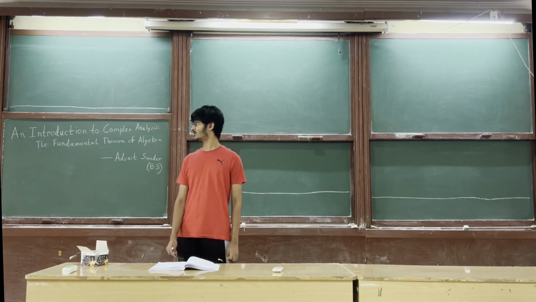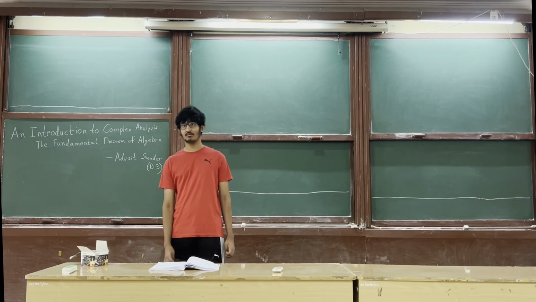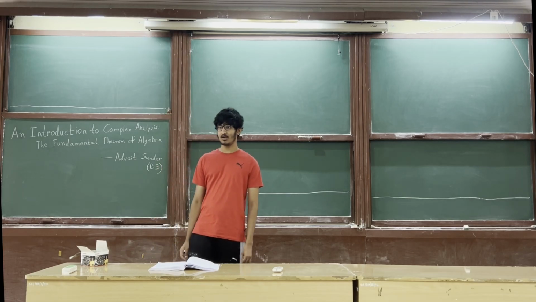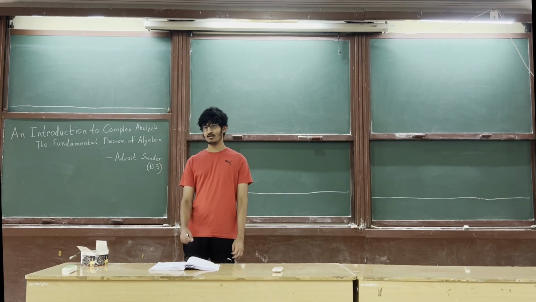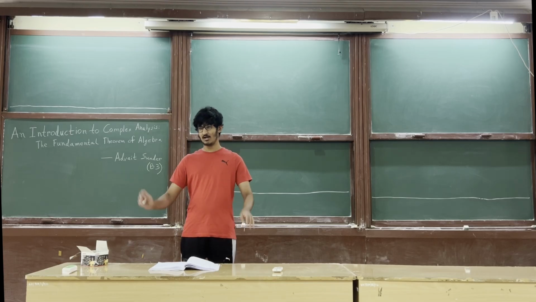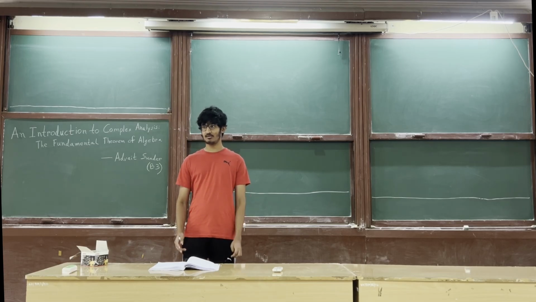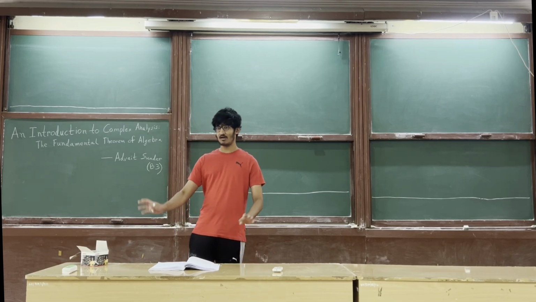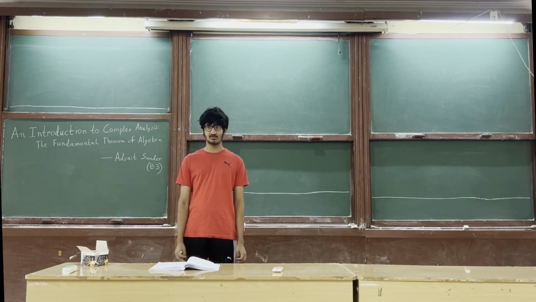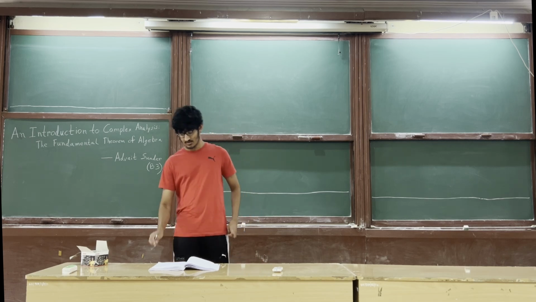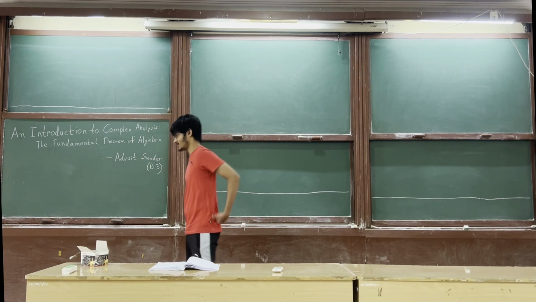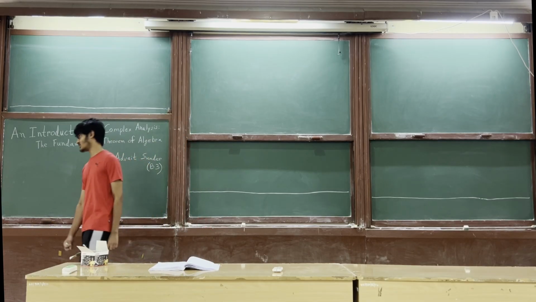Hi everyone. So as you can see, I'll be proving the fundamental theorem of algebra largely via complex analytic techniques. This talk is meant to be expository, so feel free to interrupt if you have any doubts with regards to definitions, arguments, notes. So, first I'll just give a rough overview of how the talk is going to go.